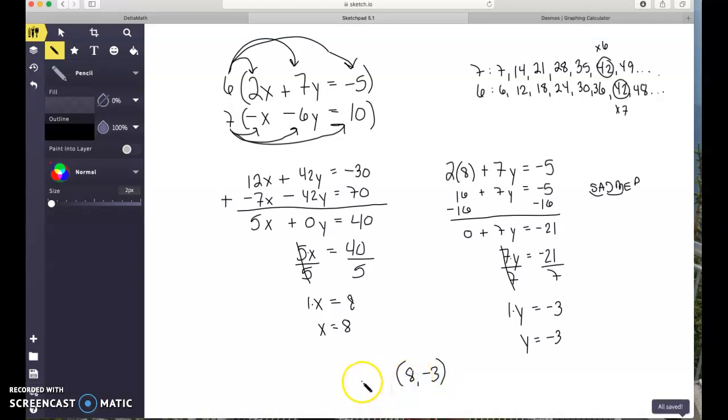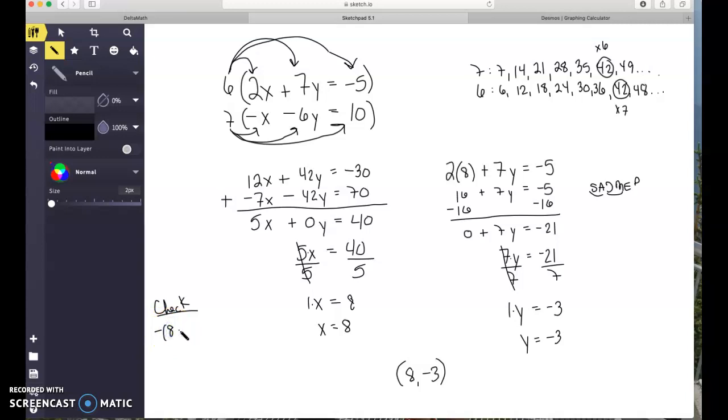And of course, it's always a good idea to go back and check your work by plugging back in. So let's see here. I'm going to grab my second equation. I plugged my y in for x, I shouldn't do that. I want to plug my x in for x. So my x was 8.